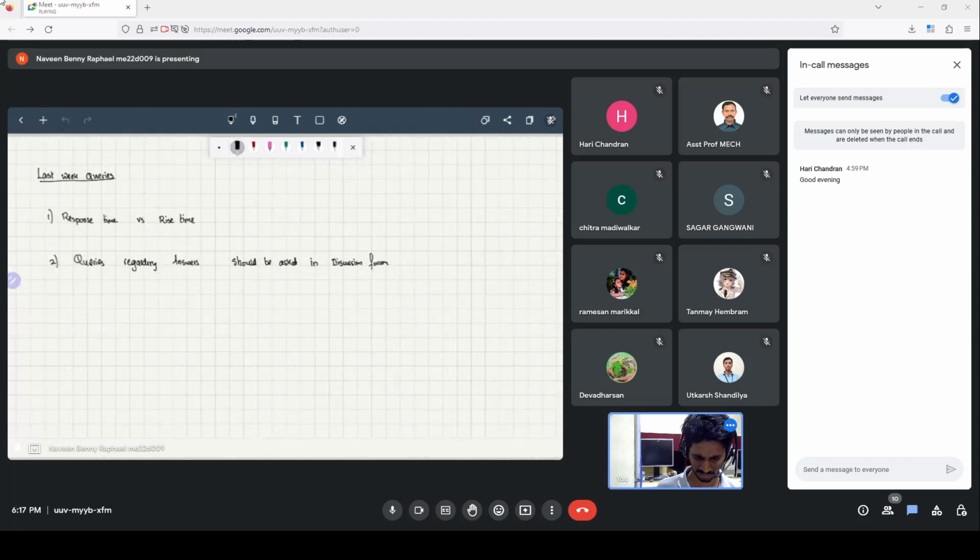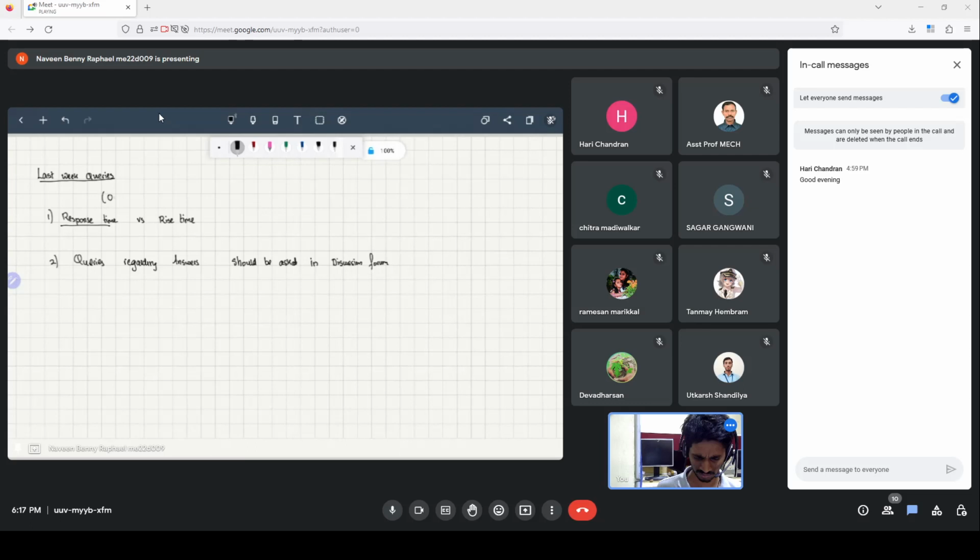We'll first talk about the last quiz queries. The main difference between response time and rise time is that, if I remember correctly, the response time was between a very specific percentage.